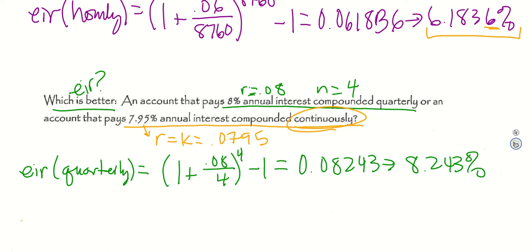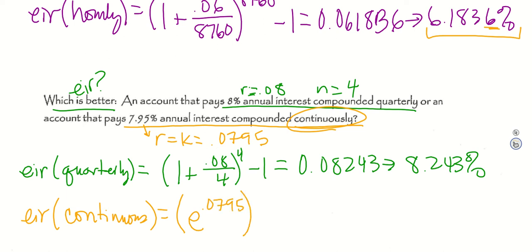If we look at our EIR for our continuous growth, we get what e^r is, so that would be e^0.0795. That would be our equivalent growth factor, so that would be like our b. And then we would subtract 1 from that, which gives us our r. So that's consistent with what we've learned in the past. So that's 0.08275, which is 8.275%.